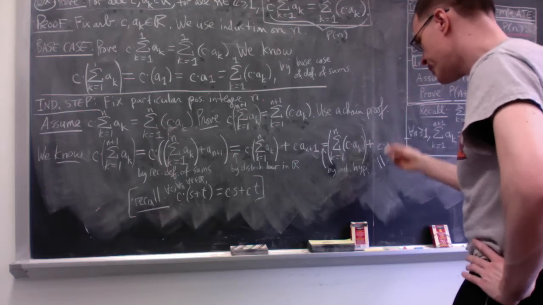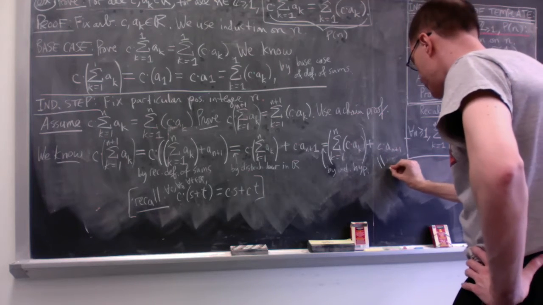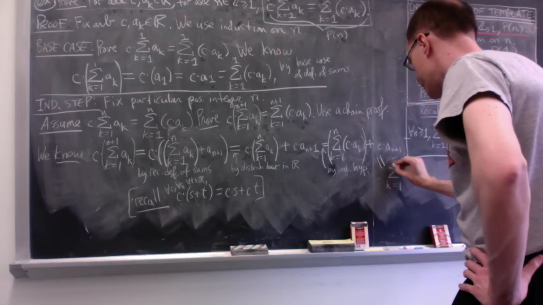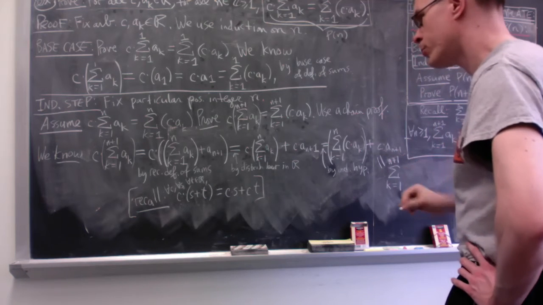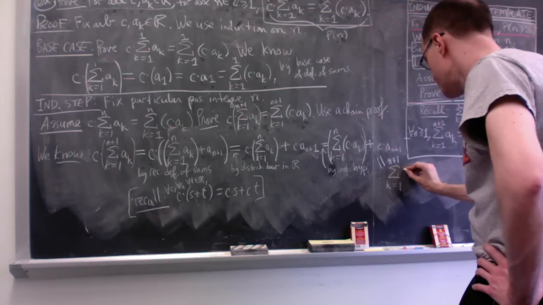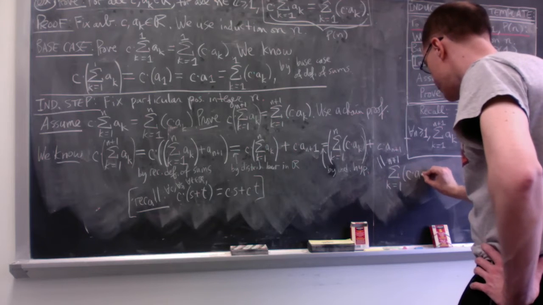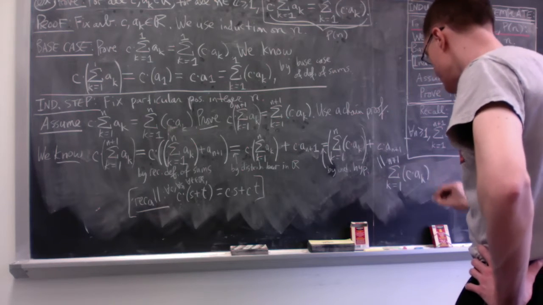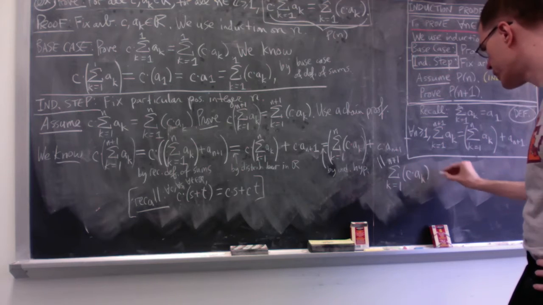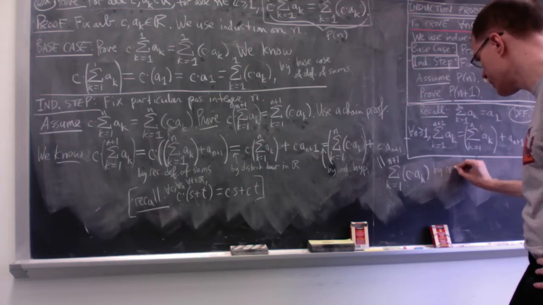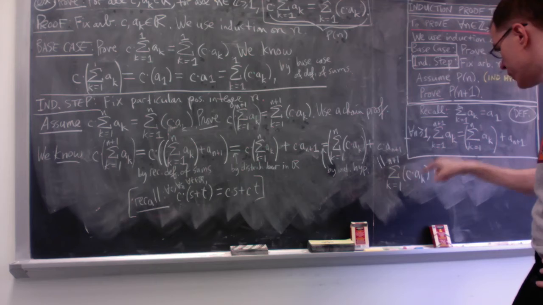So by using that definition backwards, it's an equation, it works both ways, so to speak, you can change that back into the defined concept, the sum from 1 to n plus 1 of c times ak. Now the ak in my definition is now c times ak.